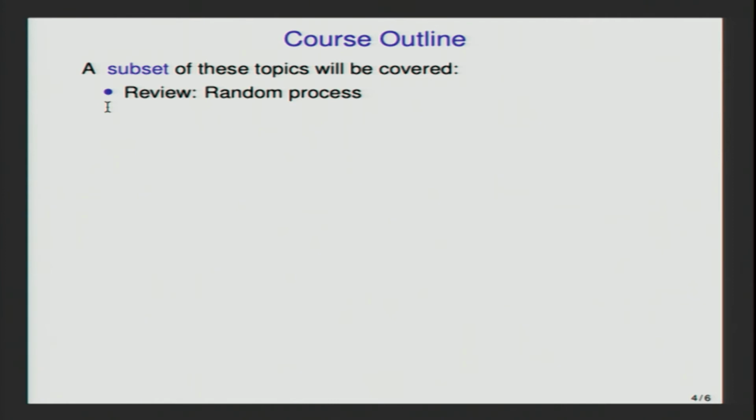We will start off with a review on random processes, which essentially starts from random variables, moves to random processes, defining them, understanding properties such as stationarity or wide sense stationarity of random processes, and then how that relates to power spectrum, and what are correlation and covariance. These are the concepts which we will be reviewing in this lecture on random processes.